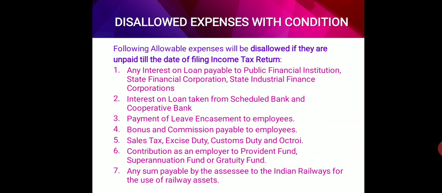These expenses include any interest on loan payable to public financial institution, state financial corporation, state industrial finance corporations, etc. Any interest on loan taken from scheduled bank or cooperative bank, payment of leave encashment to employees, bonus and commission payable to employees, sales tax, excise duty or customs duty paid, contribution as an employer to PF or gratuity fund or superannuation fund, and any sum payable by the assessee to the Indian Railways for the use of railway assets will also be disallowed, but with the condition that if they are unpaid till the date of filing the return.